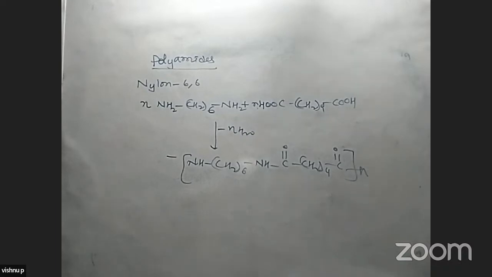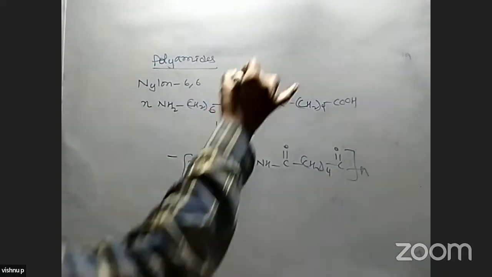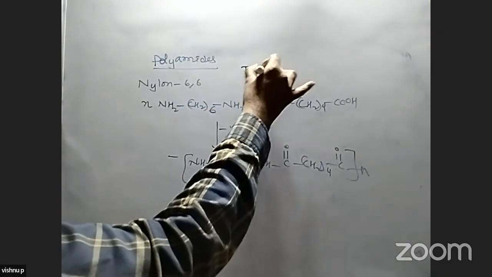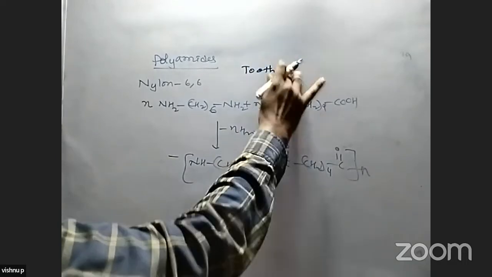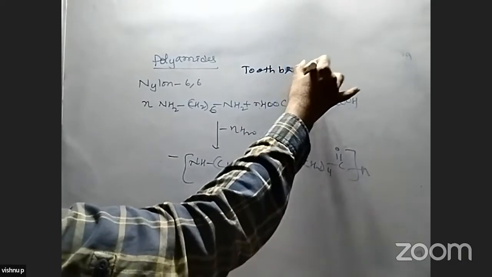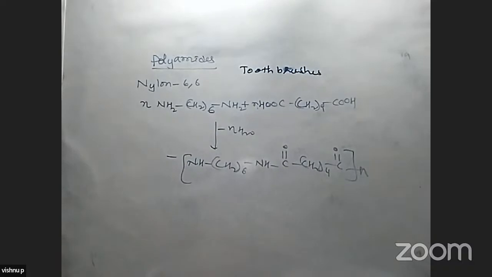What are the uses of this nylon 6,6? It shows high tensile strength. It is used in toothbrushes, for the bristles. It is used in the textile industry, such as innerwear and hosiery.